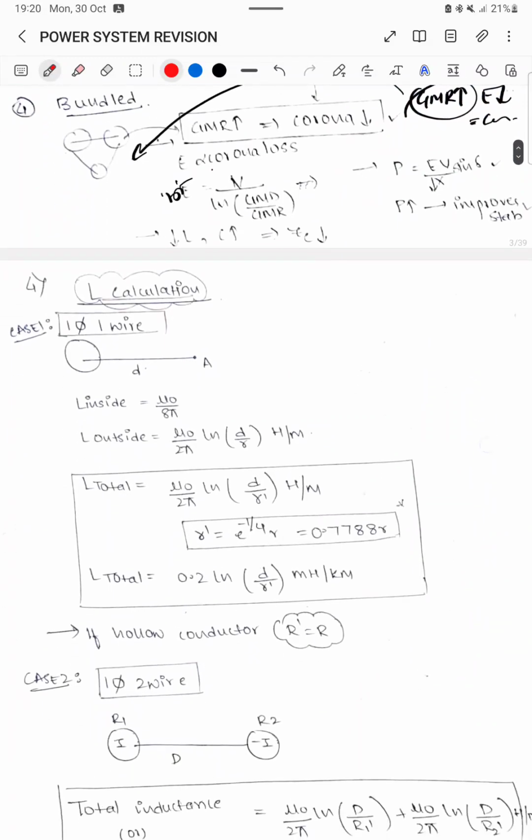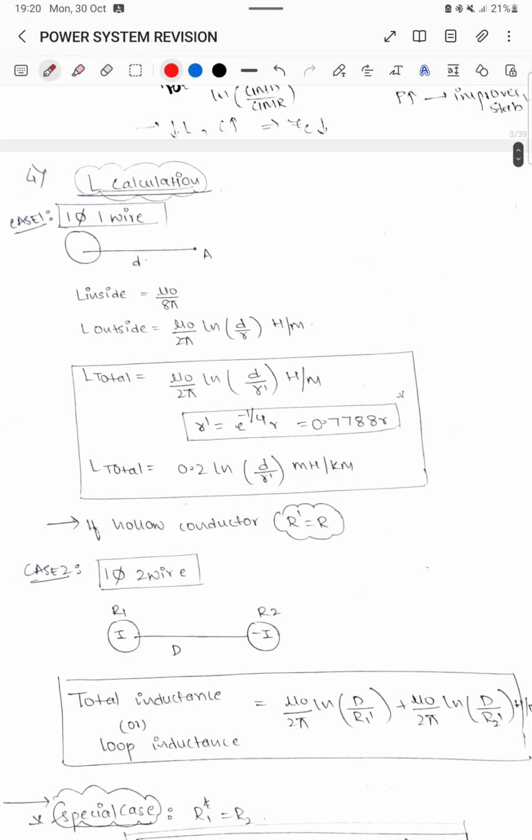Fine, so let's get started with inductance calculation. Single phase single wire. Okay, so it's a single phase, only one wire, and we need to find the effect of inductance at point A. Net inductance is because of L inside and L outside. Inside L is constant, it is mu naught upon 8 pi, and L outside is mu naught upon 2 pi ln d by r.